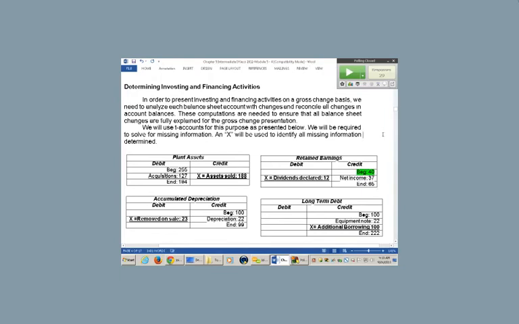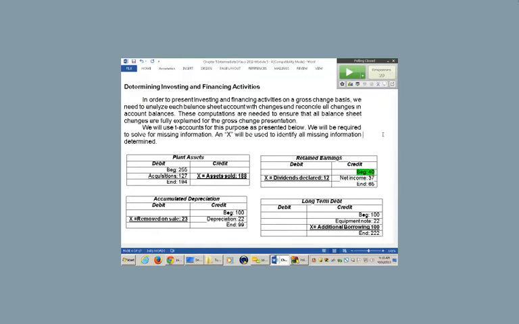Okay. So the first thing I want to do is make sure I've explained all of the changes in the accounts that are involved in the investing and financing area. So if you look at plant assets, if you go back to the balance sheet, I know that plant assets began the year with 255.